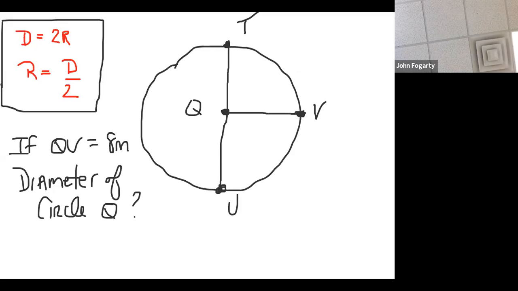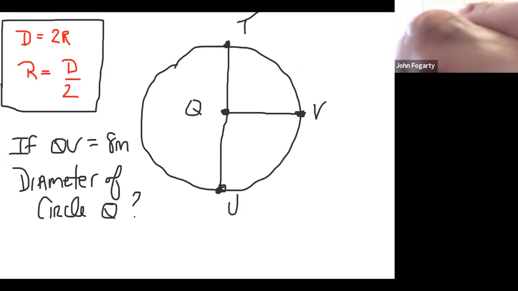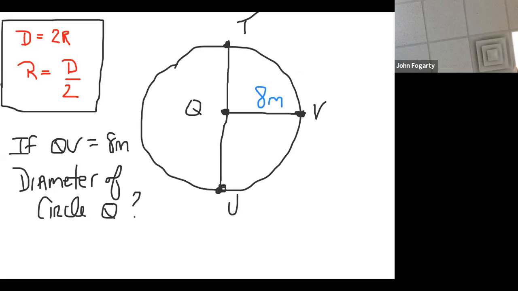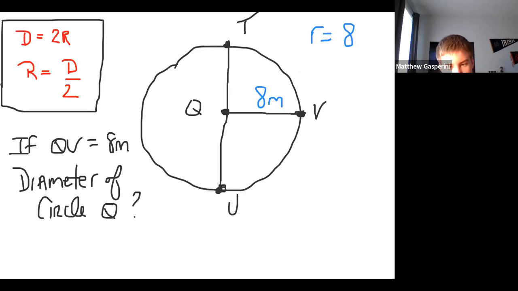Well, QV is this part right here. And I tell you it's 8 meters. What did I just tell you? I told you that R was equal to 8. Do you guys agree with that? Yes. All righty.